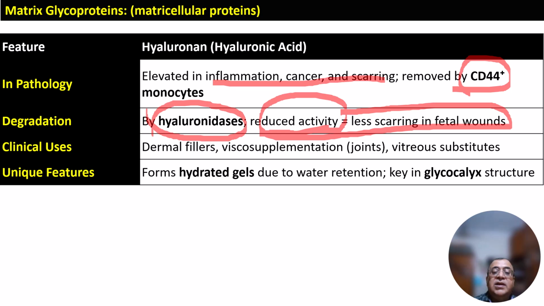They are used clinically in dermal fillers, viscosupplements that are used for the joints, and vitreous substitutes. They form hydrated gels due to water retention, and they are key in the glycocalyx structure of the cell.